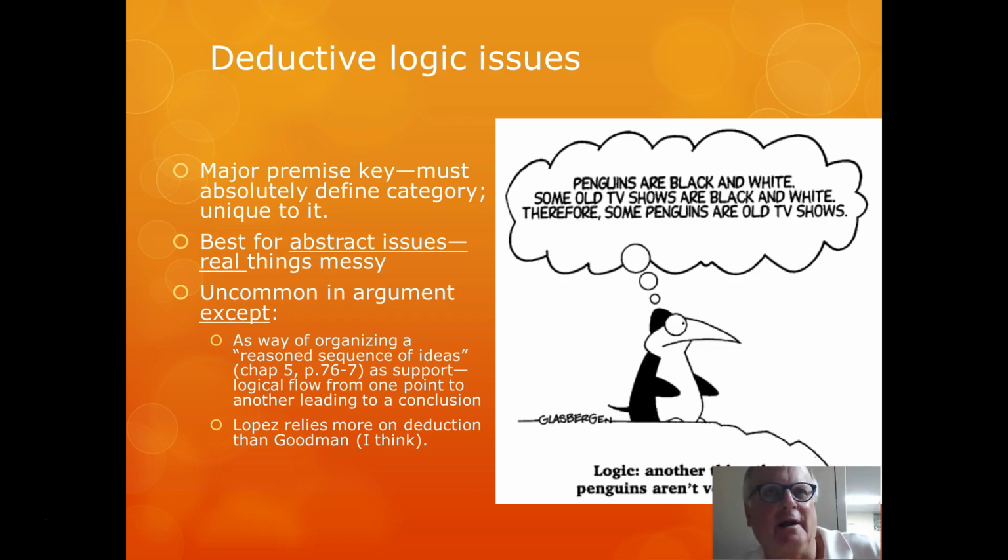And she does that by saying, any form of artificial creation of a child is wrong. Therefore, I have to look at this egg donation business and decide that I can classify this in a way where it is simply wrong. And morally, it's not acceptable. Okay. Goodman doesn't use deductive logic so much, as I think she uses a different form. We'll talk about that here in a minute.